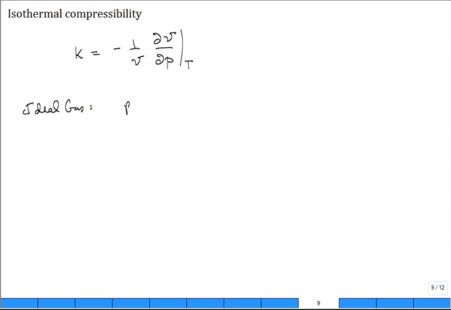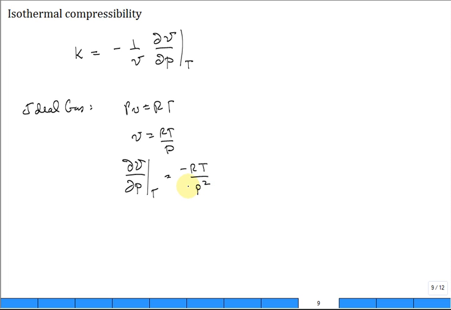How would you calculate it? Well, go back. PV is equal to RT, and then V is equal to RT over P. I need to take the derivative of V with respect to P holding temperature constant. What is that derivative equal to? Negative RT over P squared.